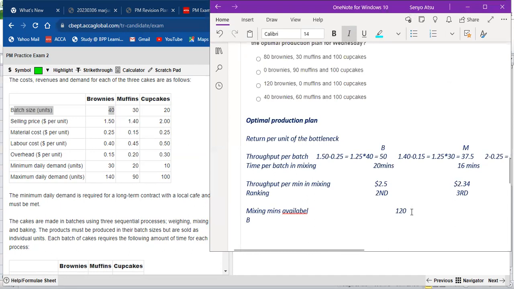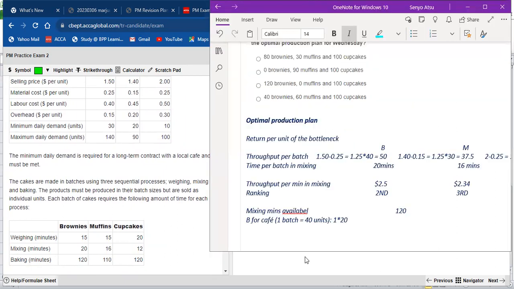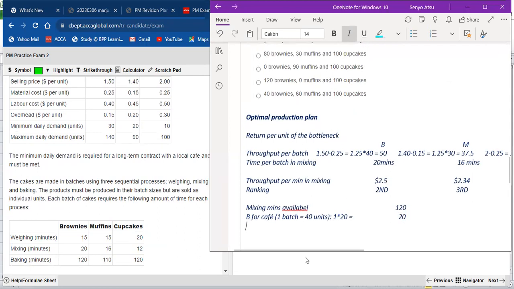So I'm going to produce brownies for the cafe. They need 30, but I'm going to produce one batch, and that one batch means I've got 40 units inside. One batch in mixing requires 20 minutes. Then I'm also going to make muffins for the cafe.